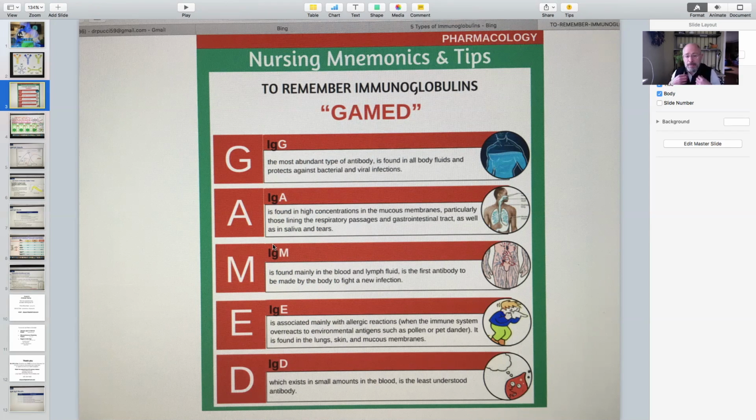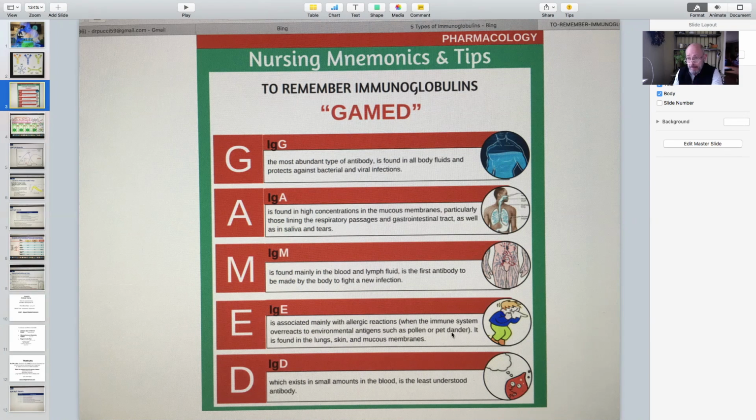Your IgM is found mainly in blood and lymph. It's the first antibody to be made in the body to fight a new infection. So the IgA and the IgMs are going to be very early on in an immune system reaction. The IgG is a little bit later. IgE is associated more with allergic reactions. That's when the immune system overreacts to environmental antigens such as pollen or pet dander.